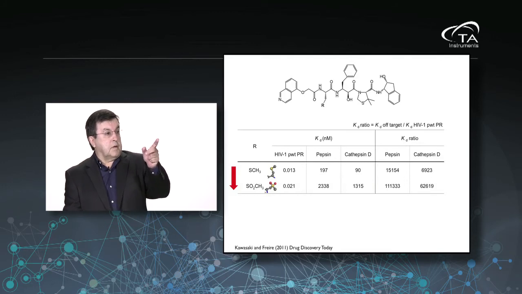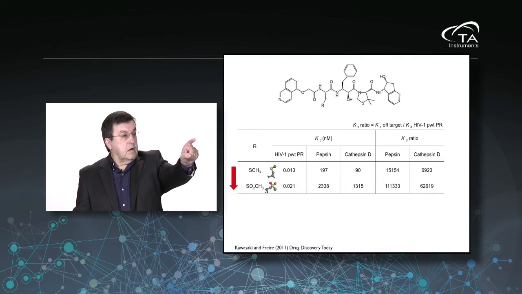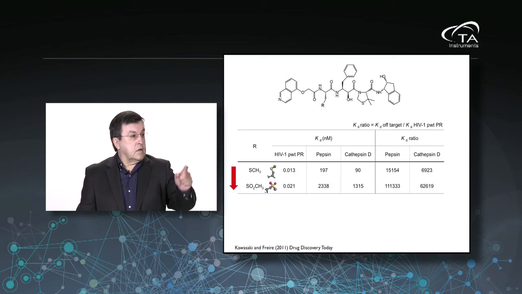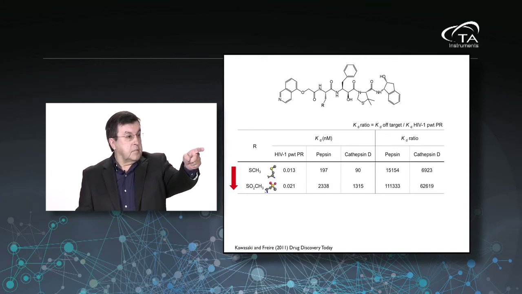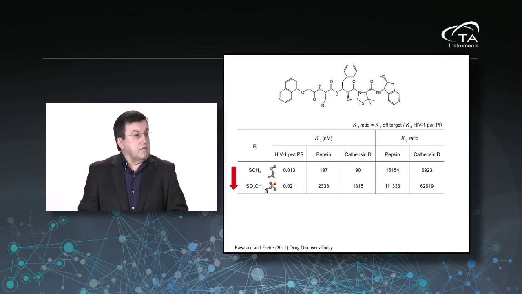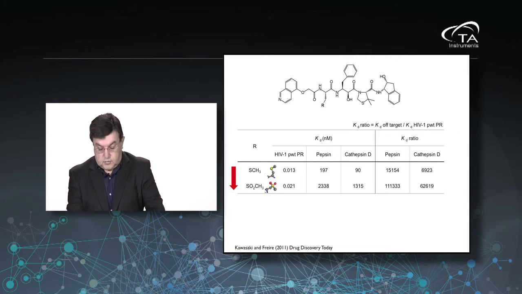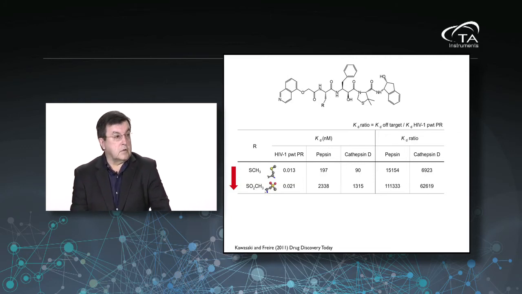When we measure against pepsin and cathepsin D, we see that there is a big loss in affinity when the polar group is placed in the compound, from 197 to 2000, and from 90 to 1300. So there is a large drop in affinity for the off-target molecules, and there is an improvement in the selectivity, even if we are not improving the affinity with the hydrogen bond.